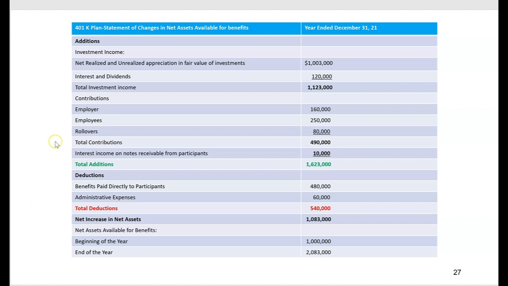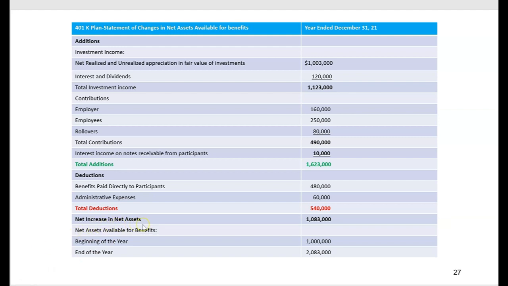So here are all the reasons why you would have additions to the net assets. And then there's deductions. The biggest deduction would be benefits paid directly to participants, retirement benefits paid. Then there'll be some administrative expenses, and there's your total deductions. So it's your total additions minus your total deductions equals your net increase in net assets. Hopefully it's never a net decrease.